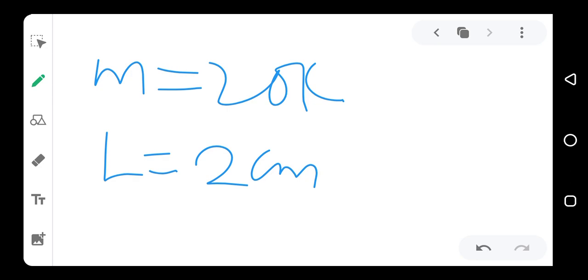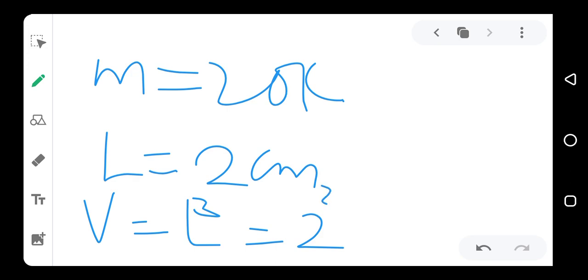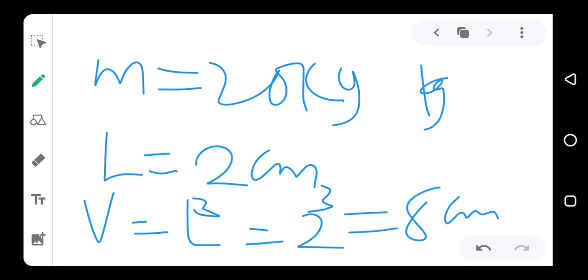The volume of a cube, V, is equal to L raised to power 3, which is equal to 2 raised to power 3. This gives us 8 cm cubed. Now our mass is in kg. The unit of density is kilogram per meter cube or gram per cm cube.